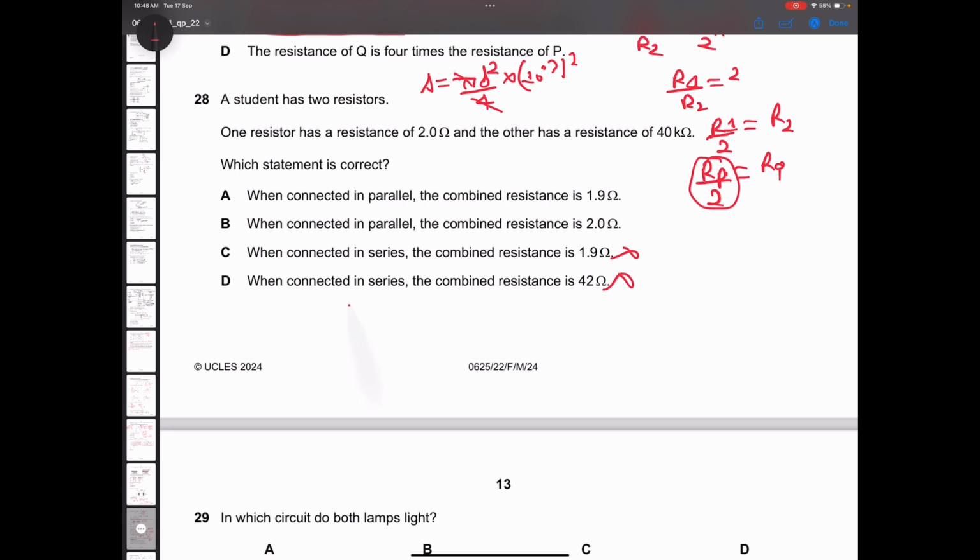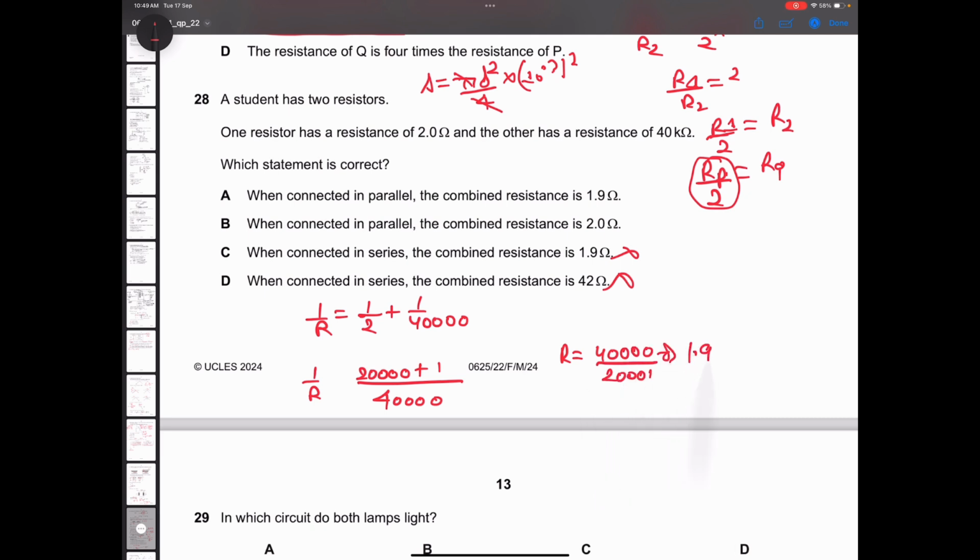In parallel, we can try to solve this. 1 upon R is equal to 1 upon 2 plus 1 upon 40,000. So the LCM will be 40,000. This will be 20,000 plus 1. So 1 upon R is equal to that, so R is equal to 40,000 over 20,001.